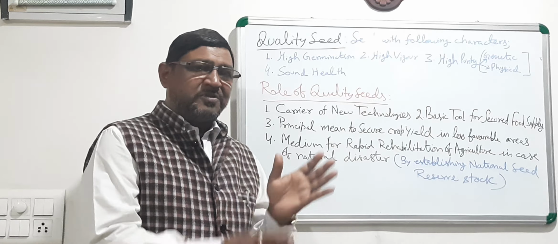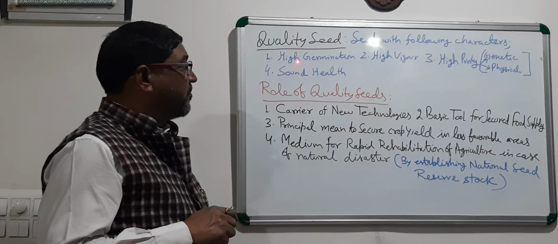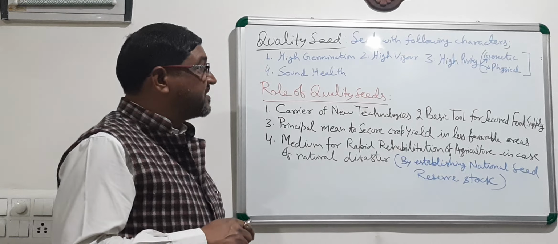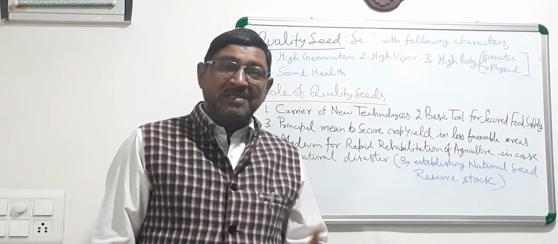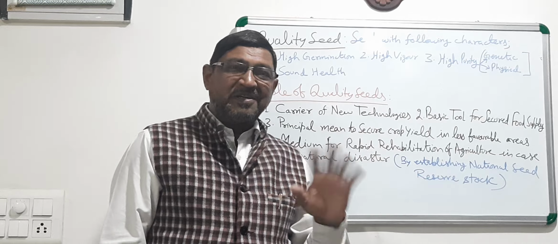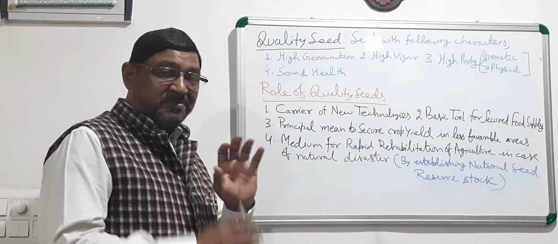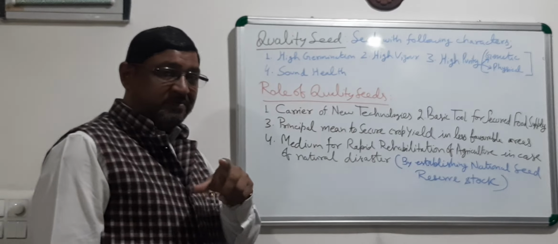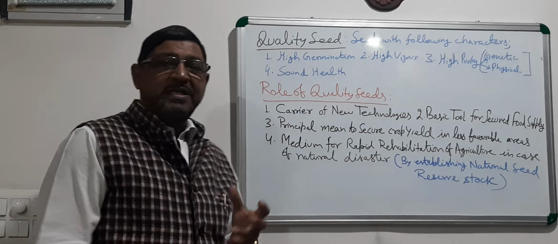Then the complete physiological traits will be seen. So if your seed has high germination but does not have normal seedling establishment in the field, it is not good quality seed. So the physiological traits should also be met by your seed lot.